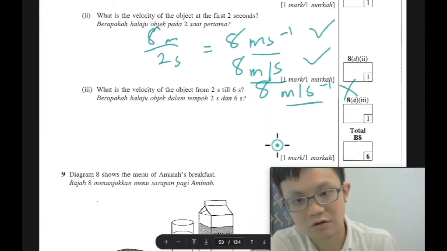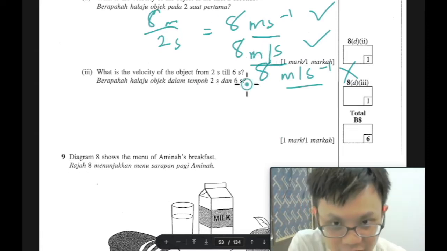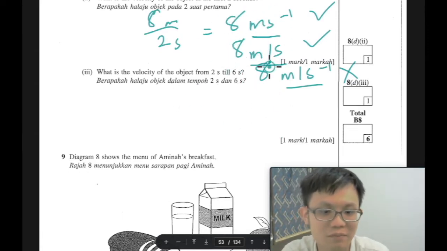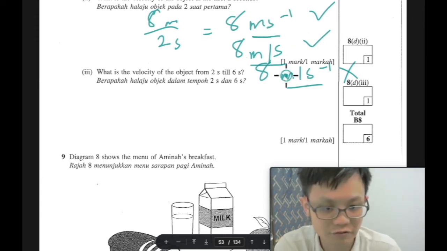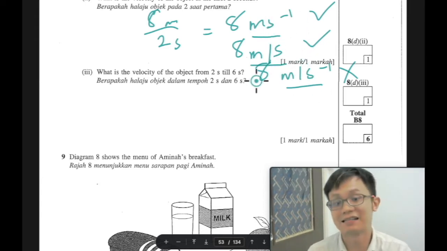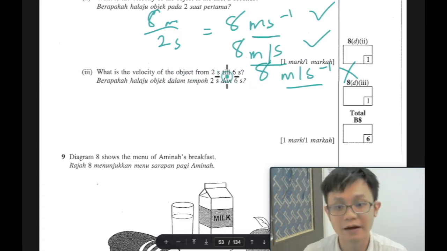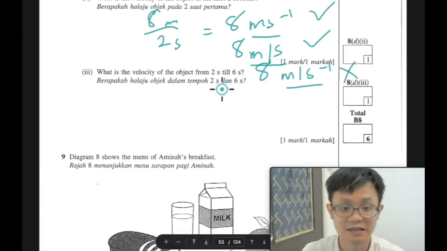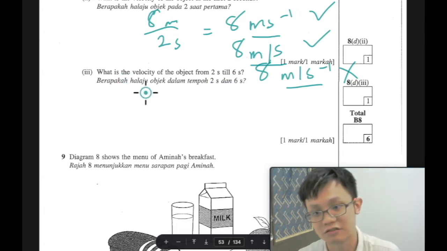Because no unit, what does it mean? Does it mean 8 ringgit, 8 kilometer, 8 meter per s squared, s negative 2 is the acceleration. So be careful. In your exam, always write the unit. It really costs the student marks.